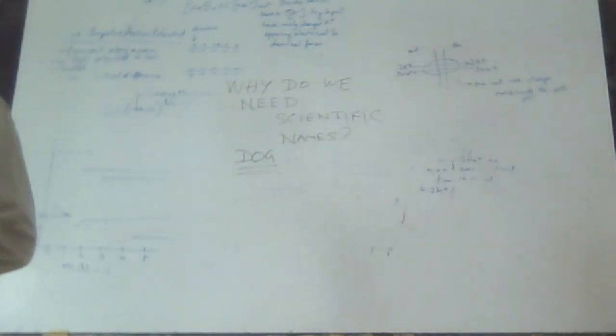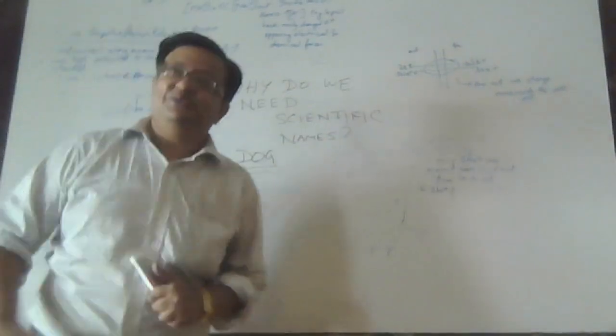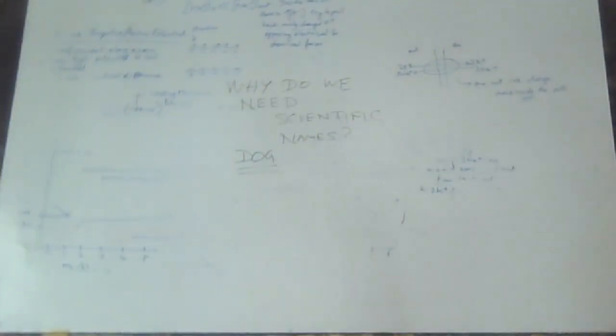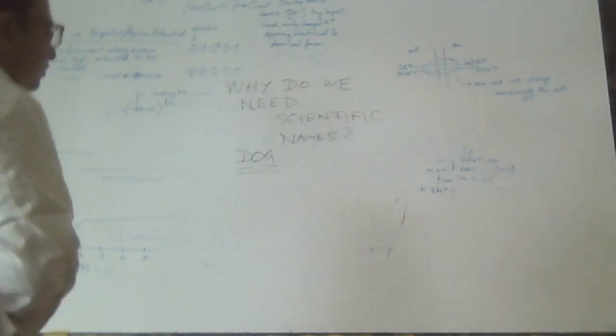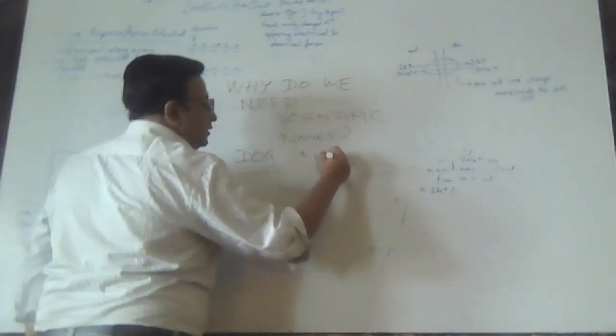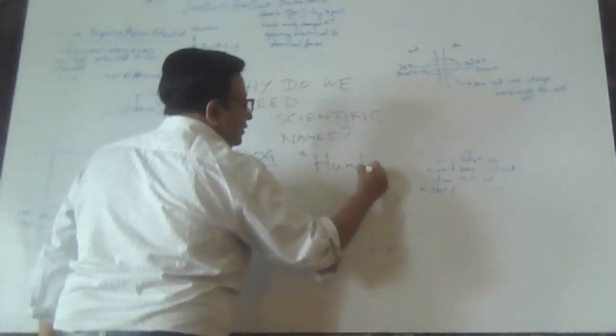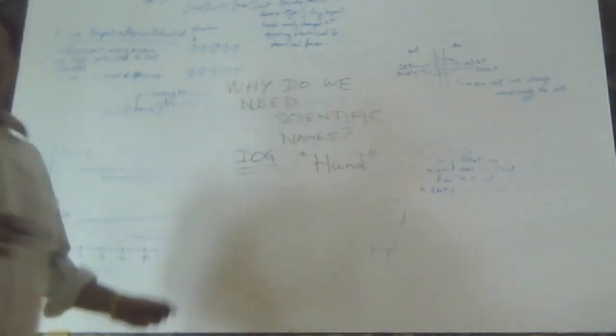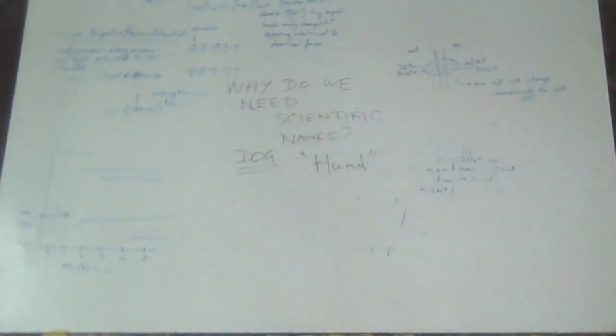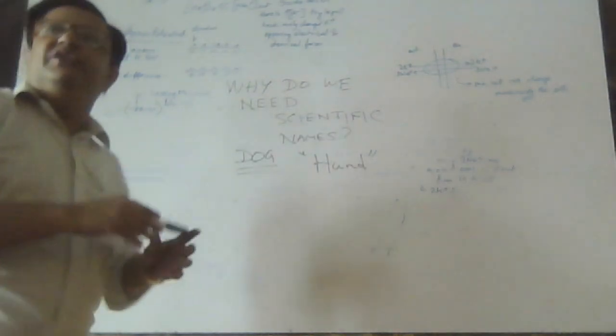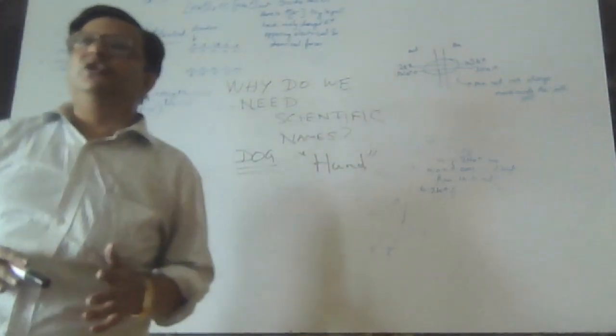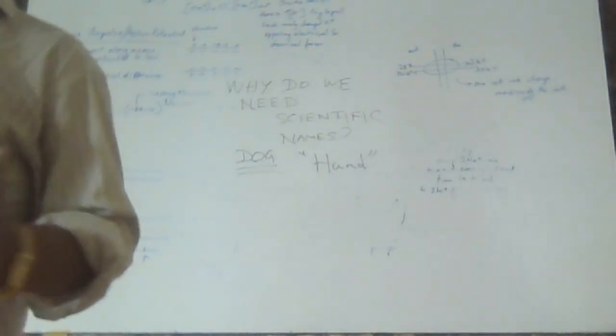Dog in Hindi is kutta. A baby calls it bobo. Bangla kuku. German hund. English hound or dog. So a person who doesn't know a particular language gets totally confused about what name to call.